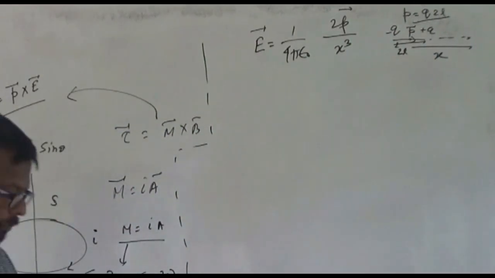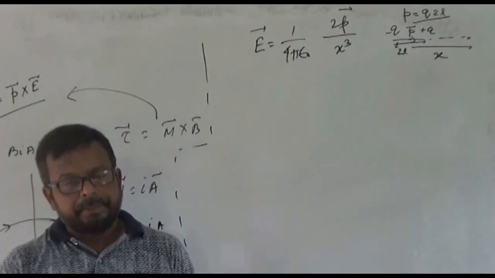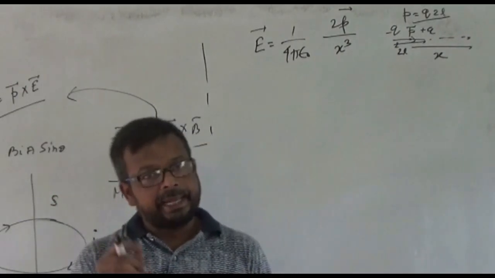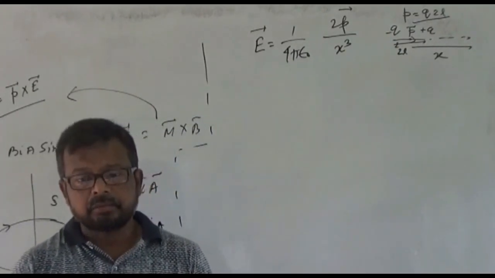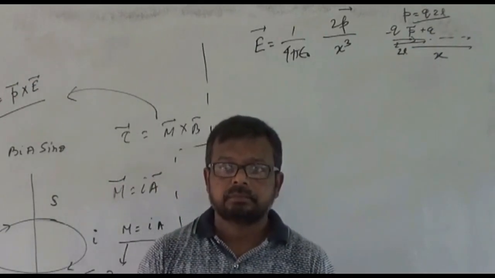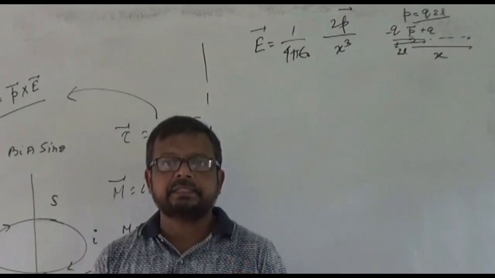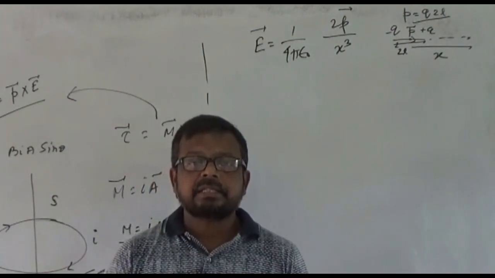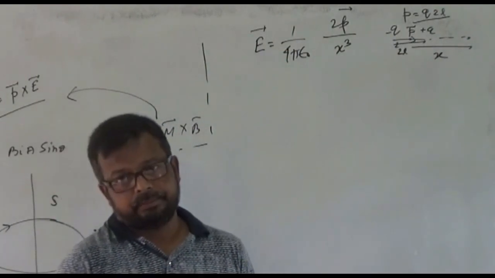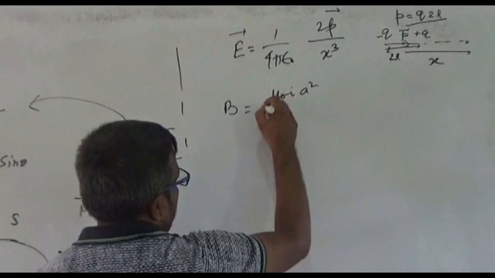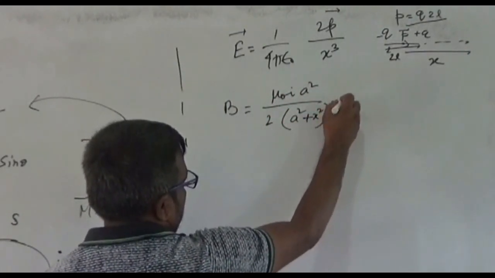Now, have we calculated the magnetic field on the axis of a circular coil? Have we calculated that? Magnetic field at a point on the axis of a circular coil carrying current I. What was that expression? mu naught I a square by 2 into a square plus x square to the power 3 by 2.